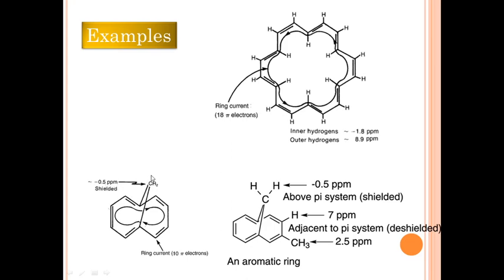Means these CH2 protons are highly shielded. Reason is again same, they lie above that ring system, which is the shielded area, and all other aromatic protons are de-shielded ones, which lie in the de-shielding area or in the paramagnetic region.